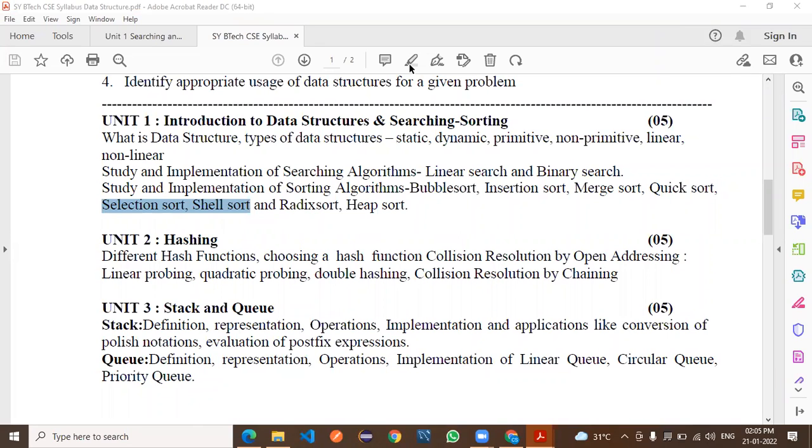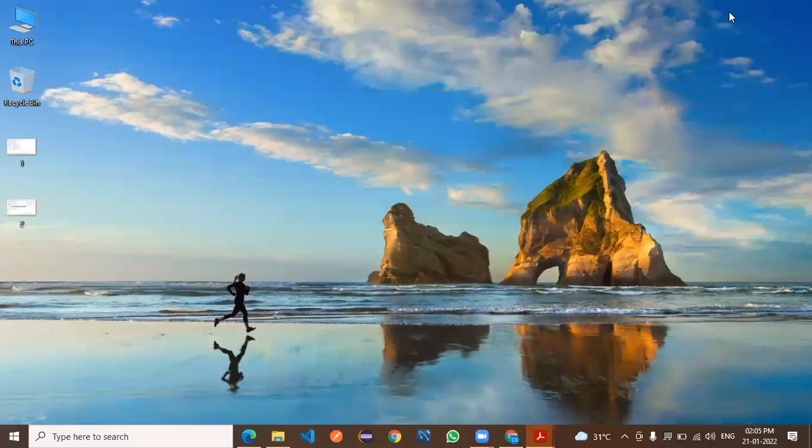If yes, can you please write repeat shell sort code? Okay.